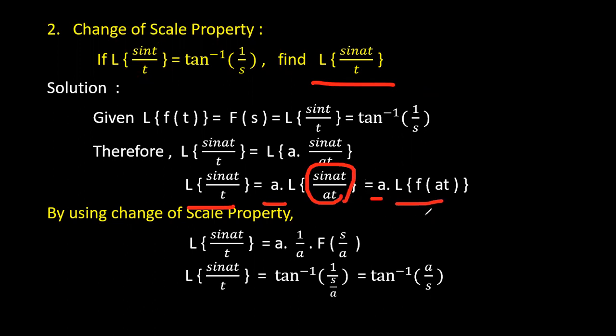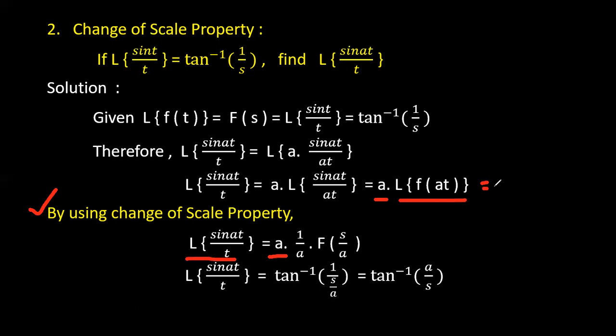We know the Laplace transform of sin t by t, so we are converting in terms of the Laplace transform of f of at, multiplying the numerator by a and dividing by a. So by using the change of scale property, the Laplace transform of sin at by t is equal to a into the Laplace transform of f of at.